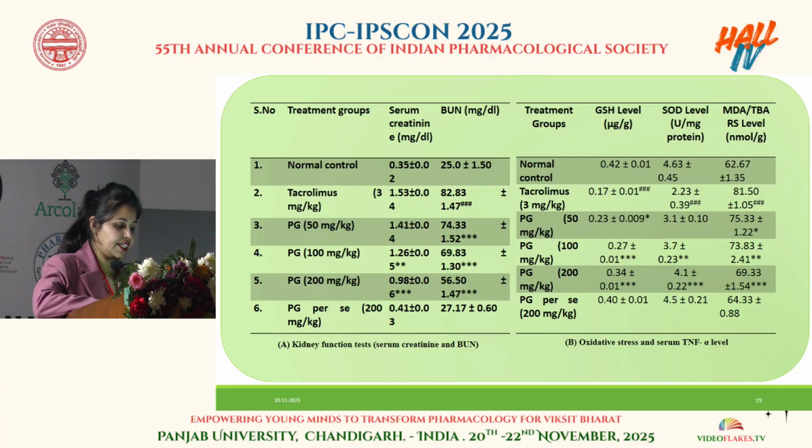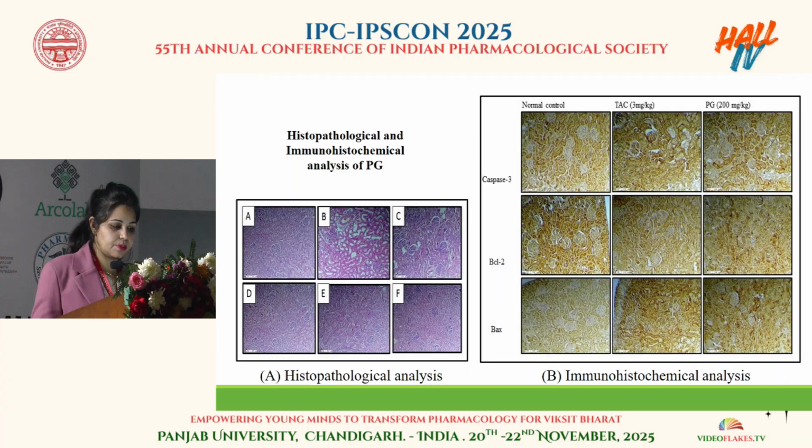But in case of PG dose, this value got decreased, and the most potent dose is PG 200 mg per kg. Likewise, in the second table, we have shown the antioxidant parameters: glutathione, SOD, MDA, TBARS.